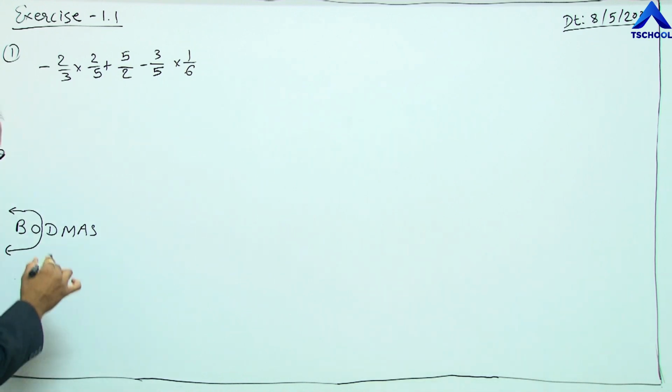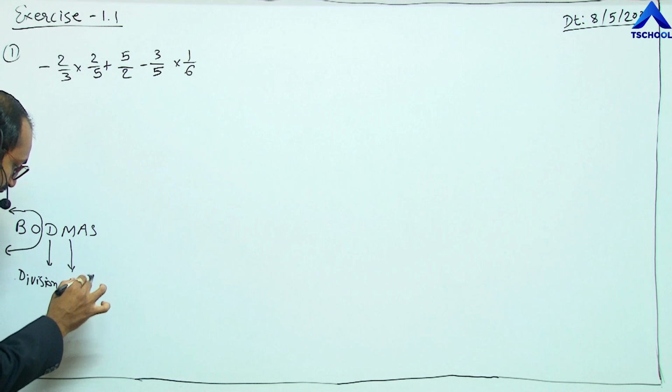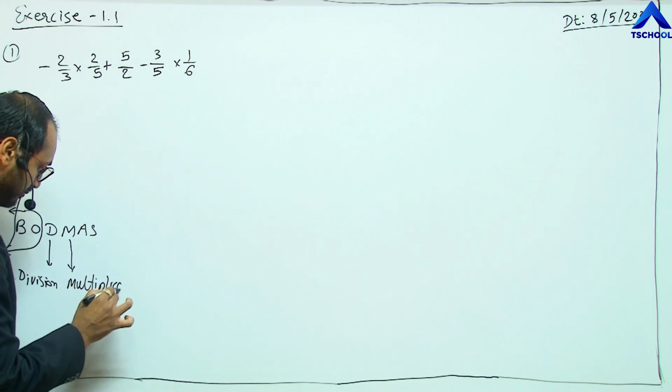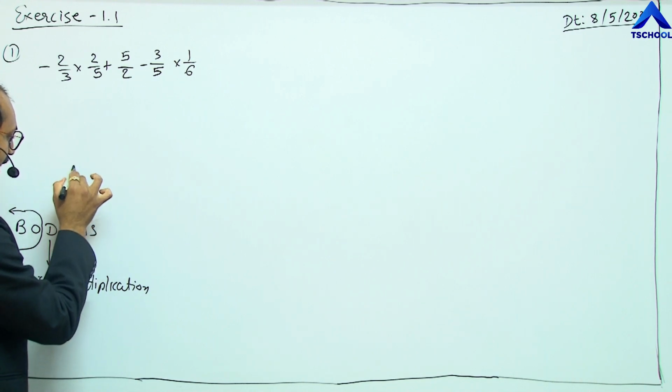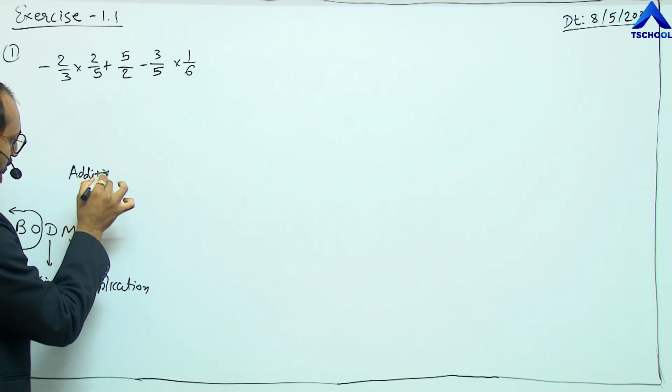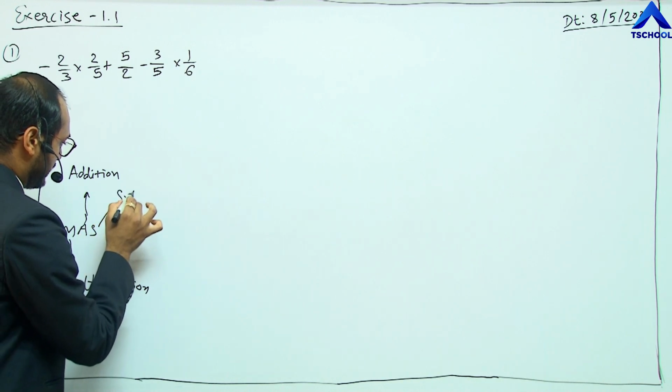D means division, M stands for multiplication, A stands for addition, and S stands for subtraction.